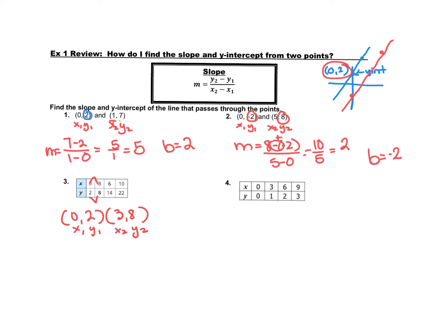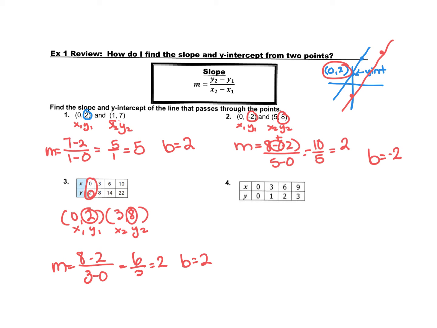I'm going to take 8 minus 2 all over 3 minus 0. So 8 minus 2 is 6 all over 3, which gives us a slope of 2. And then our y-intercept, if we come back up here and take a look, is right here where you have the 0, 2. So our y-intercept here is 2.